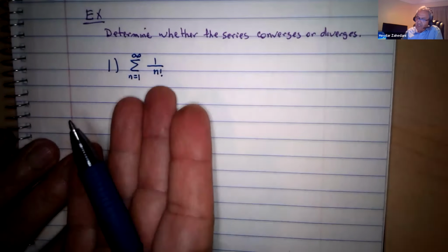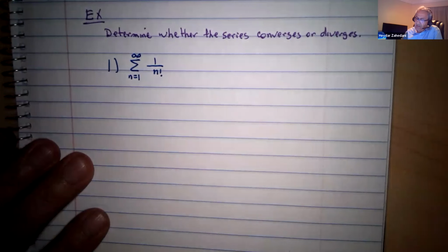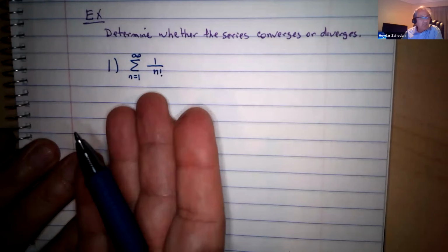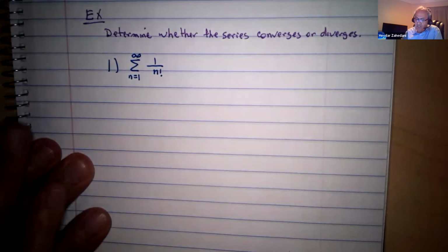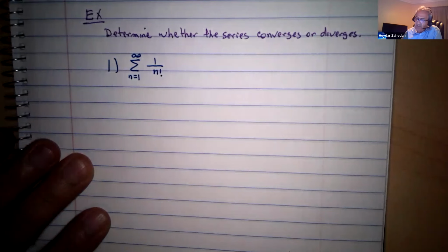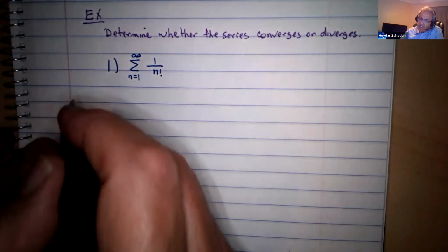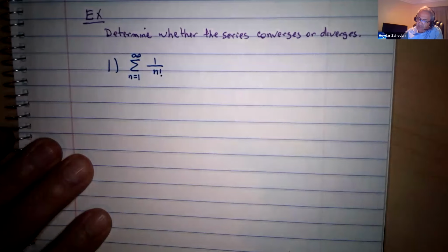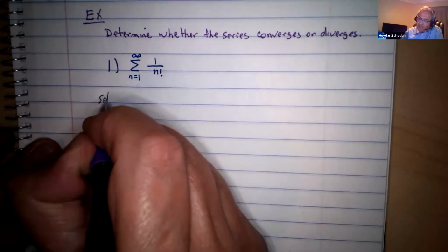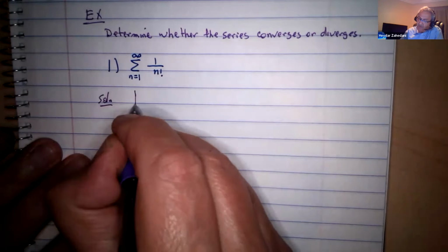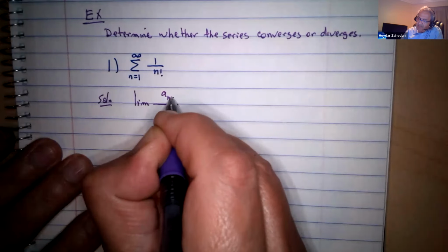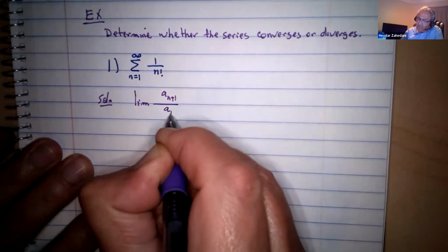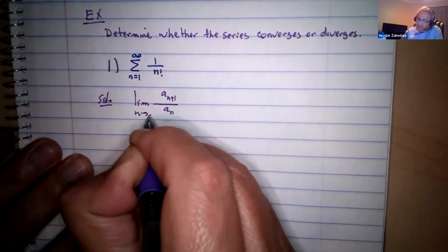You have a look. Is it geometric? No. Is it a p-series? No. Can you shrink it into a p-series so that you use a limit comparison test? No. So you go for the ratio test. For the ratio test, you have to form this quotient. So we go for the limit of, the top would be a_{n+1}, the bottom would be a_n, as n goes to infinity.